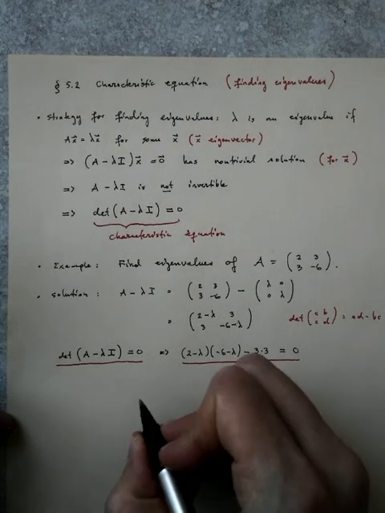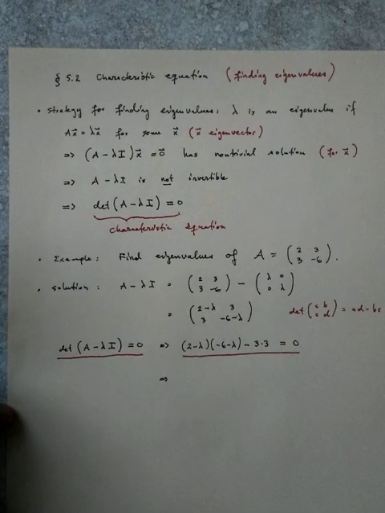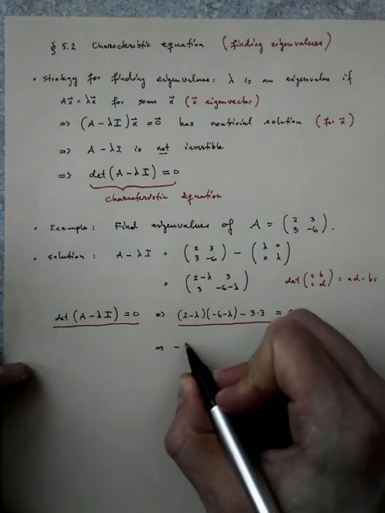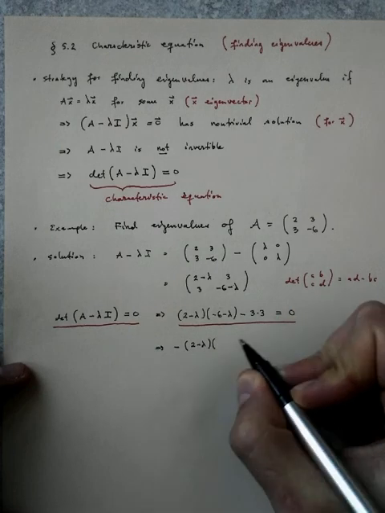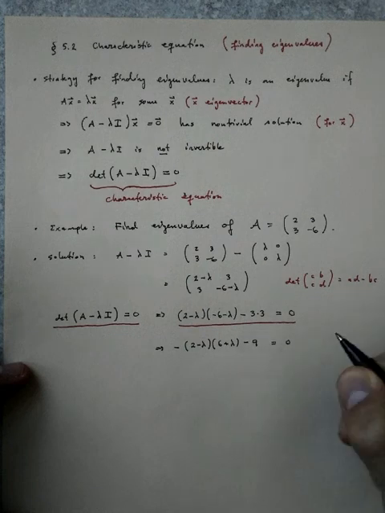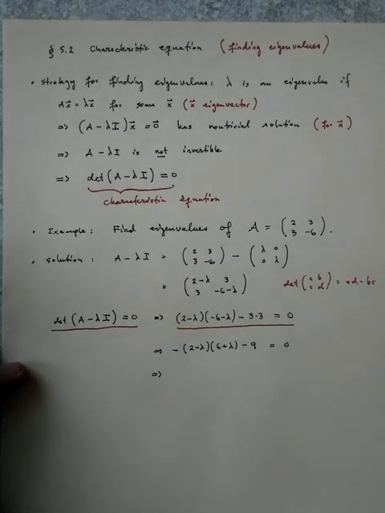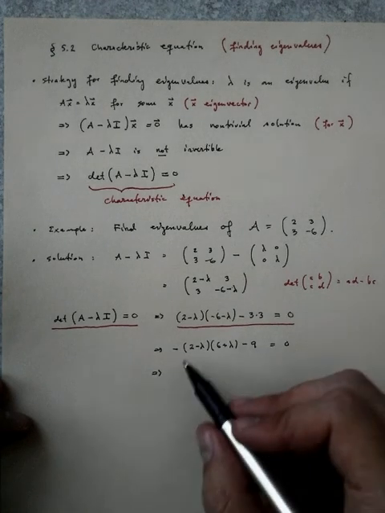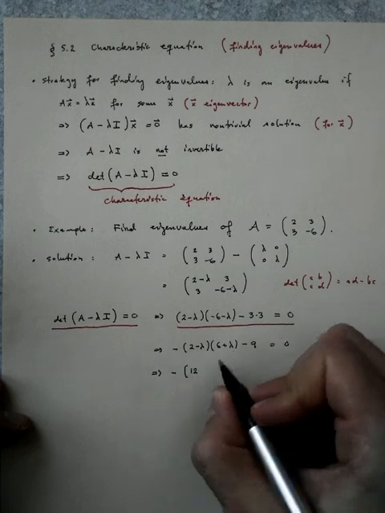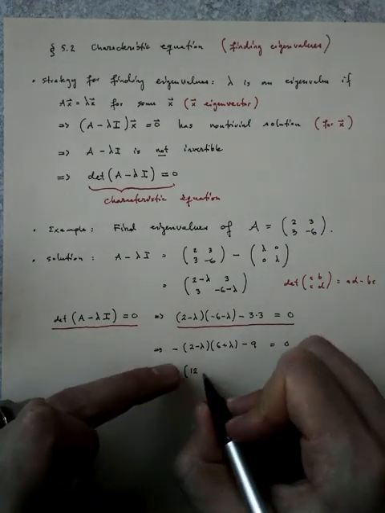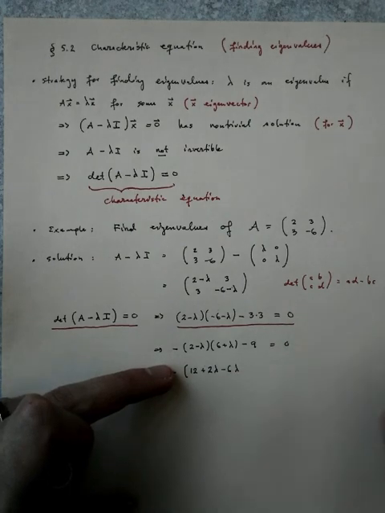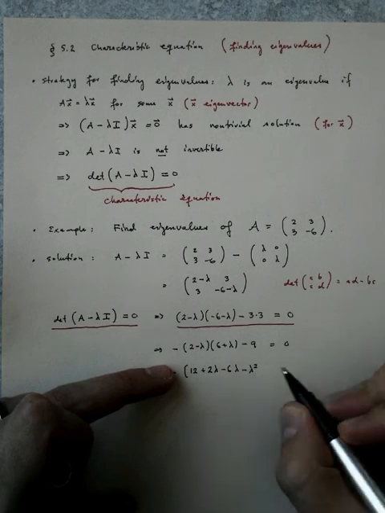Okay, let's clean this up a bit. So we can factor out a negative: negative, 2 minus lambda, 6 plus lambda, minus 9 equals 0. And then let's FOIL this out. Plus 2 lambda, minus 6 lambda, minus lambda squared.